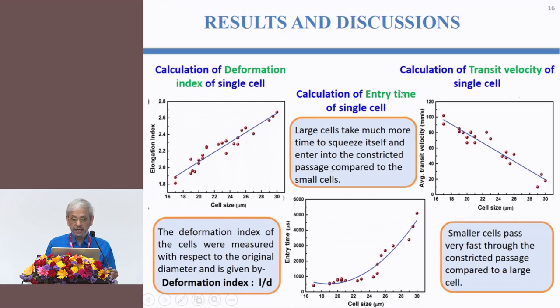Then entry time was also calculated, and you can see here also, although the relationship is slightly nonlinear, with cell size the entry time increases. And on this side we can see calculation of transit velocity, transit time through the 200 micron space. And here also you can see smaller cells pass very fast, and obviously bigger cells take a larger time to pass through.